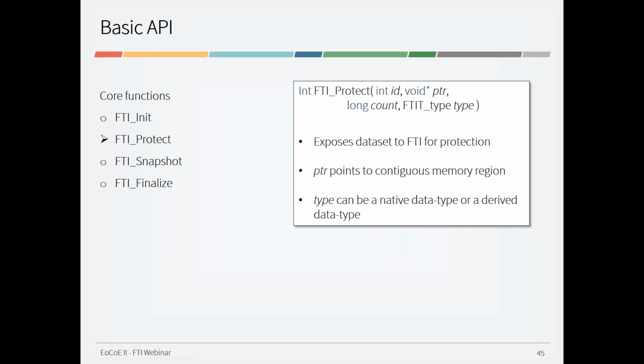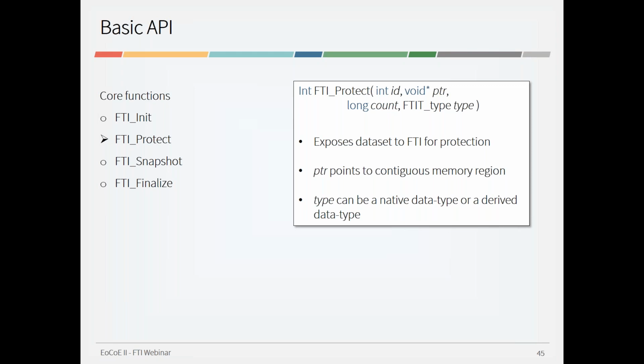So an important function is FTI protect. This function exposes the buffers that you would like to include in the checkpoint file to FTI. And what you need to pass to this function is essentially an ID, the pointer, the number of elements, and the type. So that gives FTI the possibility to know where the data is in memory and how long the data buffer is.